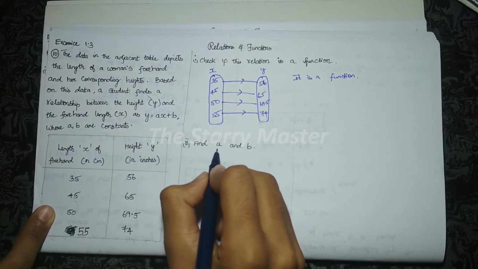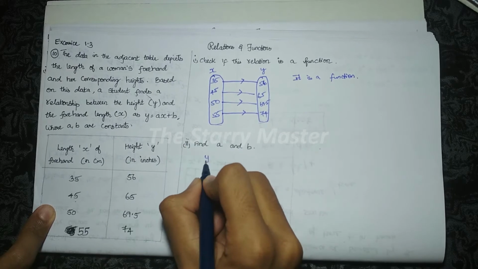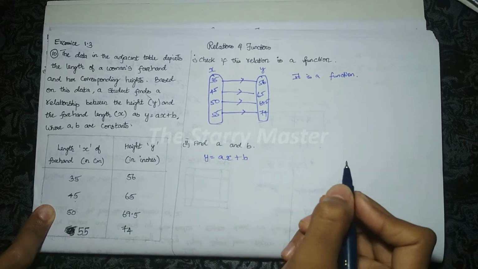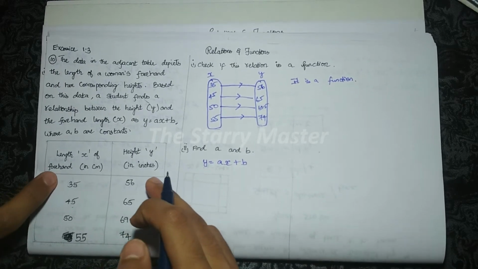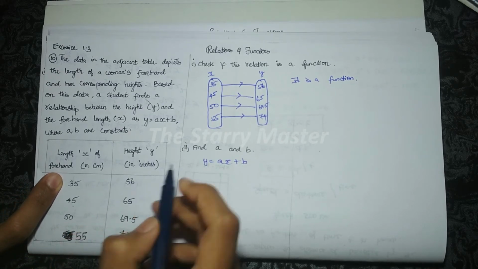Next, we are asked to find a and b. There was a given equation y is equal to ax plus b. So first we take the values 35 and 56. y is equal to 56.